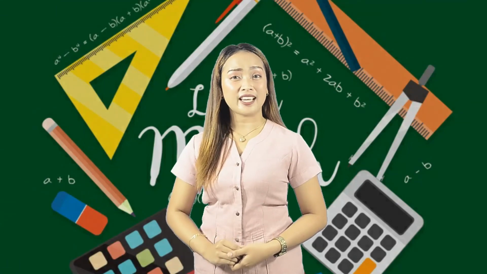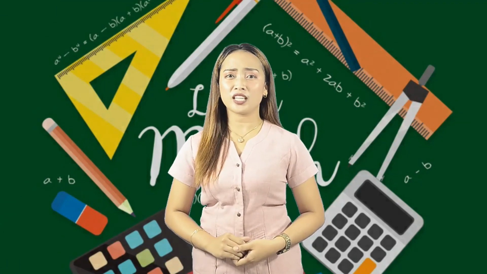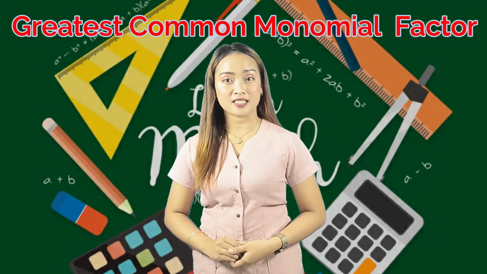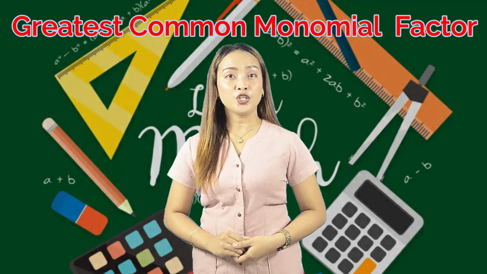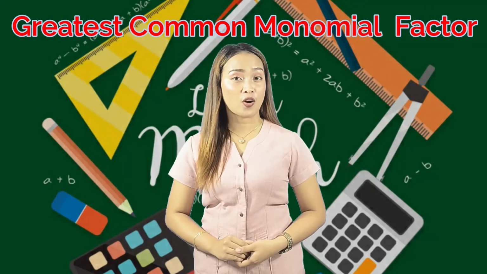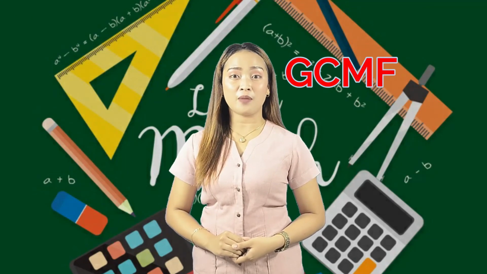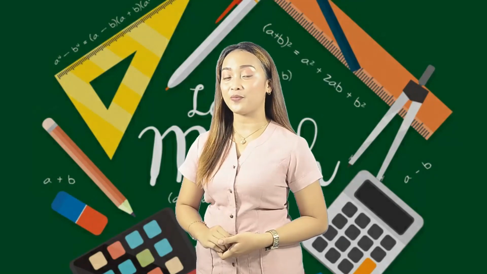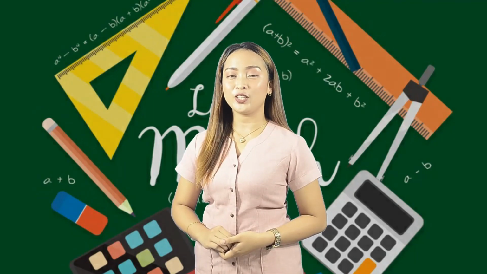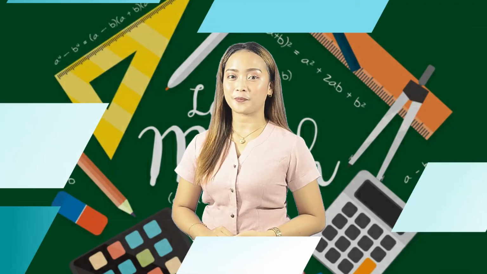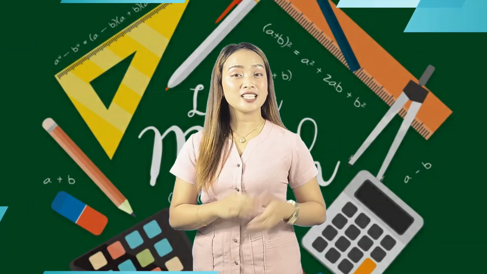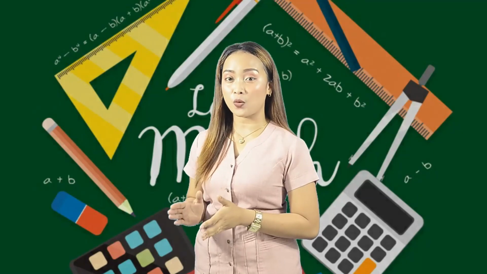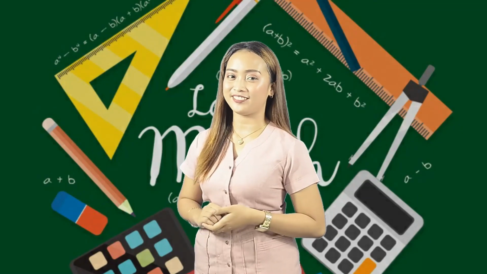But there are some cases, class, in which you need to factor out first the greatest common monomial factor, or the GCMF. That's the first topic in factoring polynomials. Hope you can still remember. So, GCMF first, before factoring the perfect square trinomial.